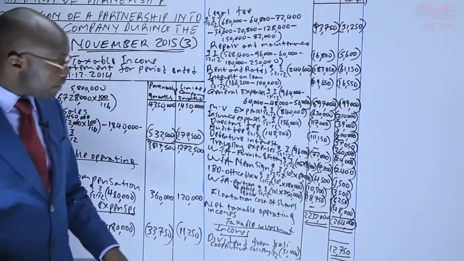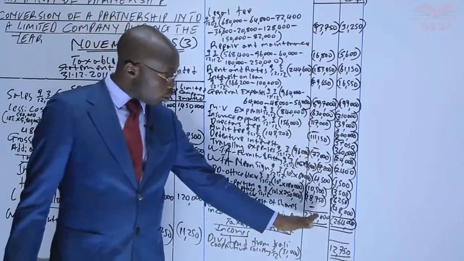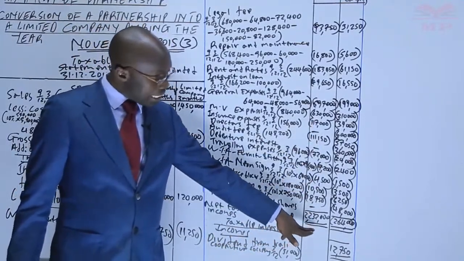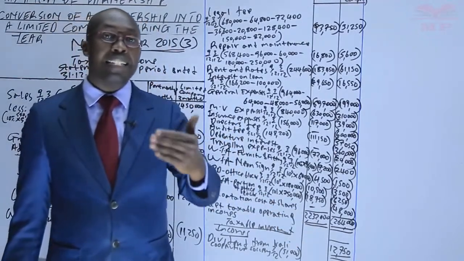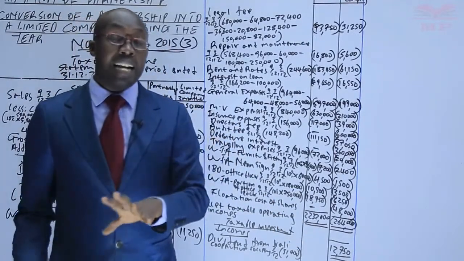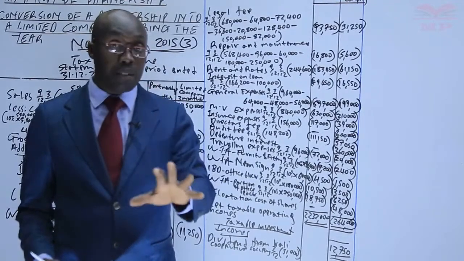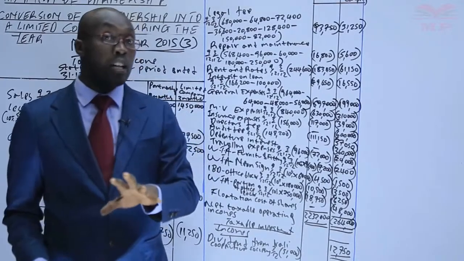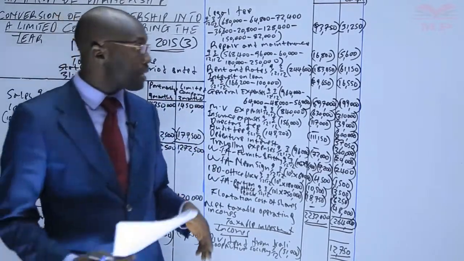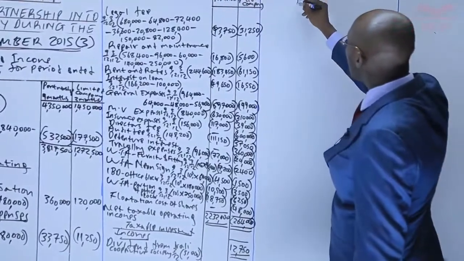If you are told to comment about the tax position of James and Katana, that is in the partnership. We said, once you get the taxable income of the partnership, you distribute and now tax it on the partners themselves. Since they have asked us about the tax position, we have now to distribute and even determine the tax they are supposed to pay individually. So what do? Distribute first. So we have to prepare the income distribution schedule.